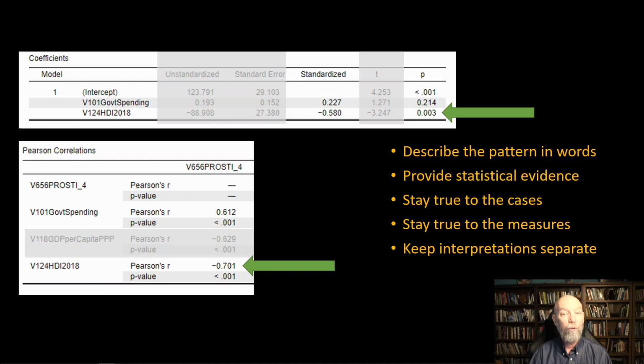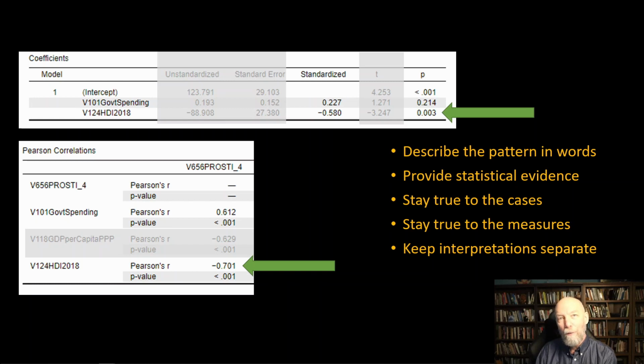And you see then controlling for HDI made a big difference in how much we think government spending matters. When we do it for the HDI, we say HDI originally had a negative, very strong, significant result in the Pearson's R, and after controlling for government spending, it still had a strong, significant negative effect. So the control had less effect.